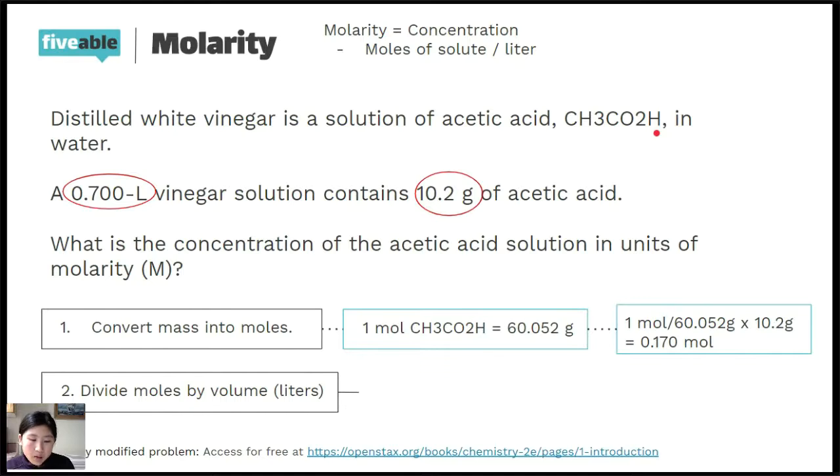So let's take hydrogen gas. Let me see if I can find a picture of hydrogen gas. Hydrogen gas is a perfectly symmetrical molecule.